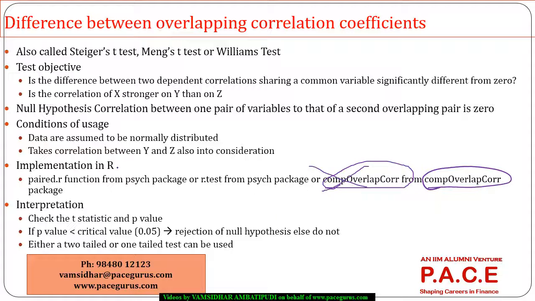At least we are able to do it from the paired.r function from the psych package, so we can go ahead using the paired function from the psych package itself and understand the relationship between the three variables, keeping the third one as constant, trying to understand the relationship between xy and xz by taking into consideration the internal relationship that can exist between y and z, right?